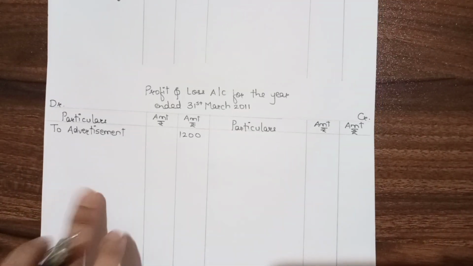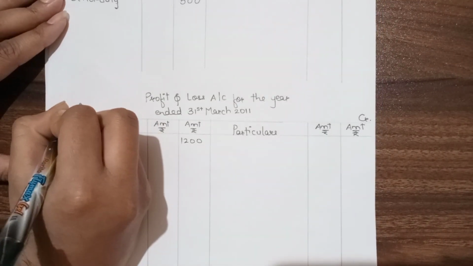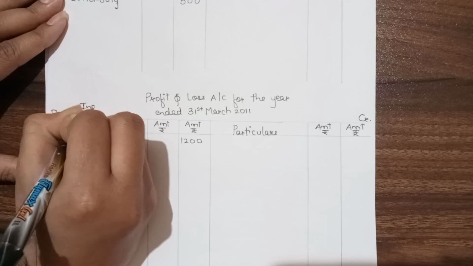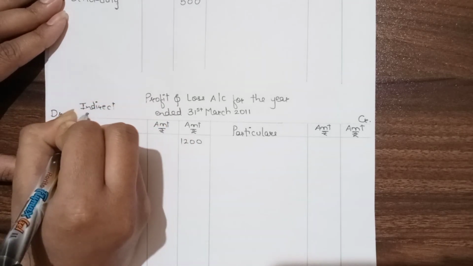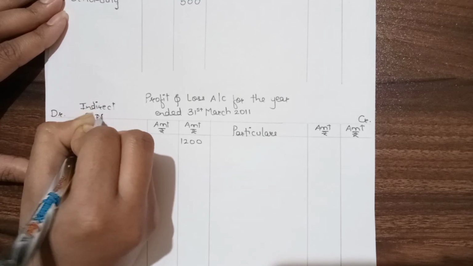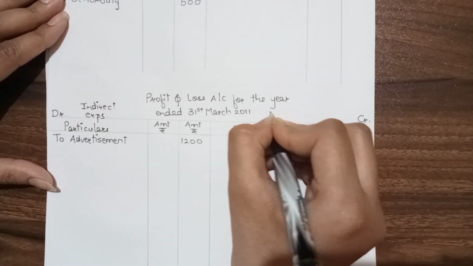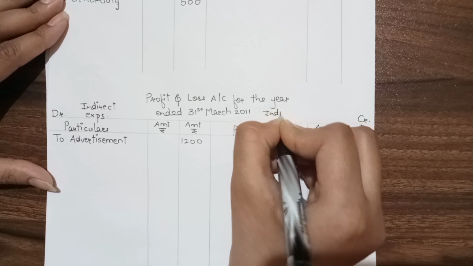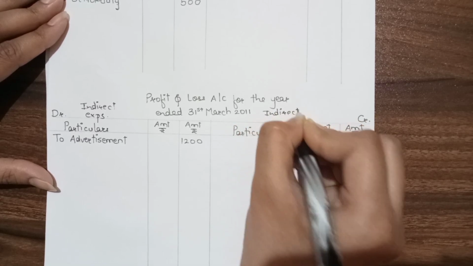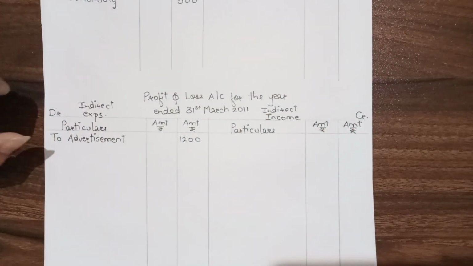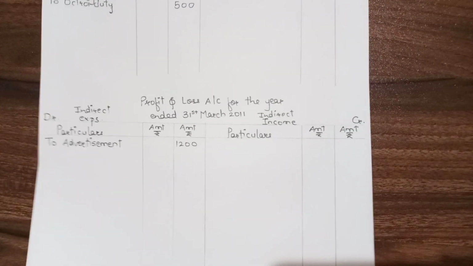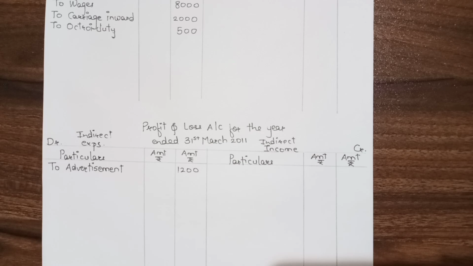And here debit side is your indirect expenses of profit and loss account, and this side is going to be your indirect income. So this is how you have to post items according to their nature.